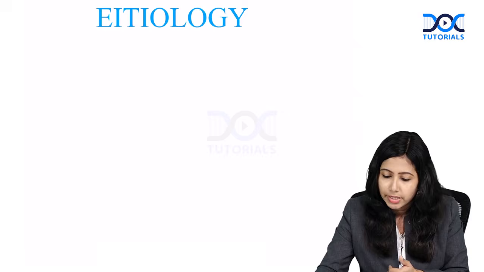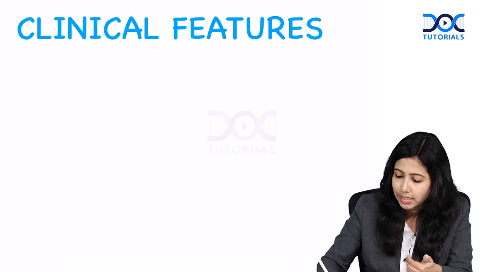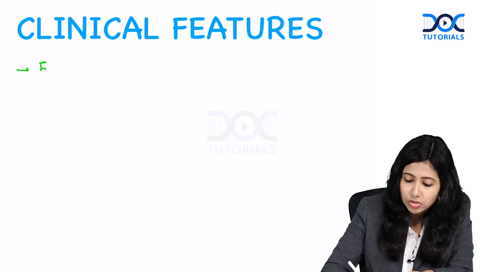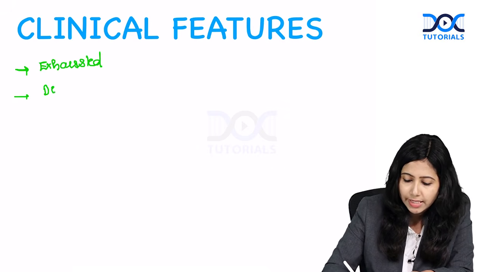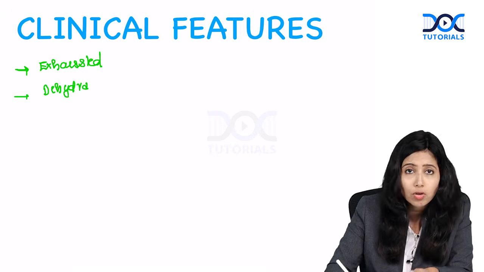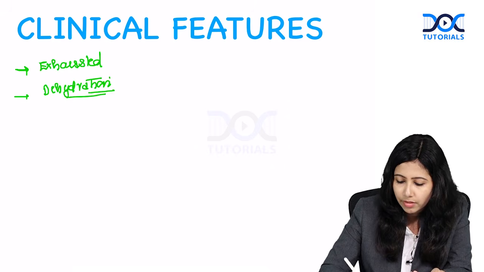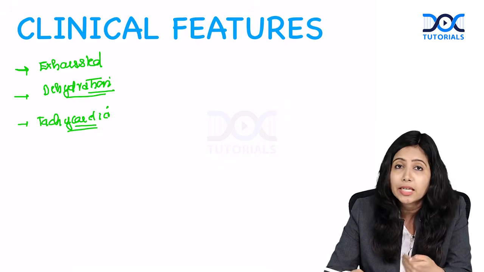The clinical features that can be seen in obstructed labor are that the patient can be exhausted. There can be dehydration because she has been in labor for such a long time. There could be tachycardia due to that. Due to increased pain and dehydration, she can experience tachycardia.